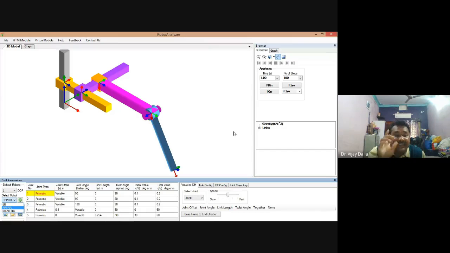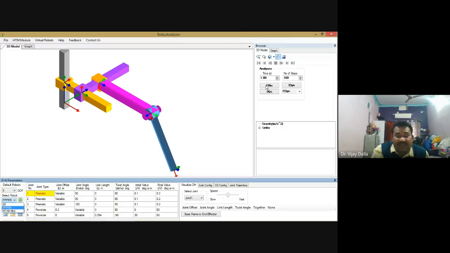So, for the given joint angles, or you can say joint inputs, which may be either prismatic or revolute, what will be the position of the robot end effector? Which means, where will our end effector be? And this is the end effector. So where will it be for the given set of joint angles and joint offsets?